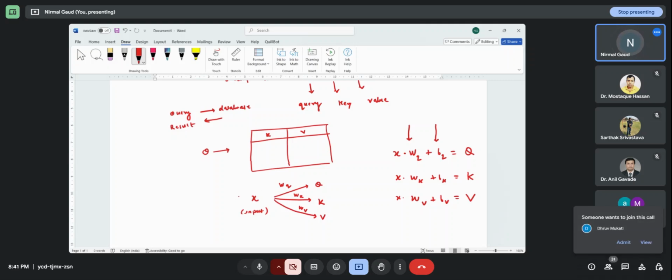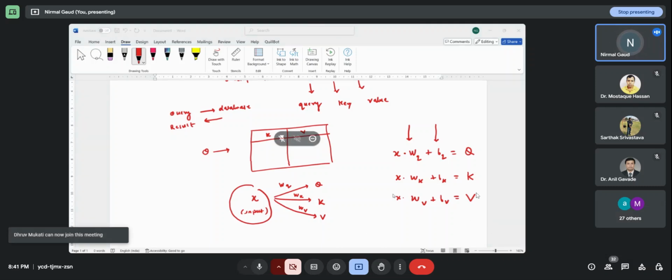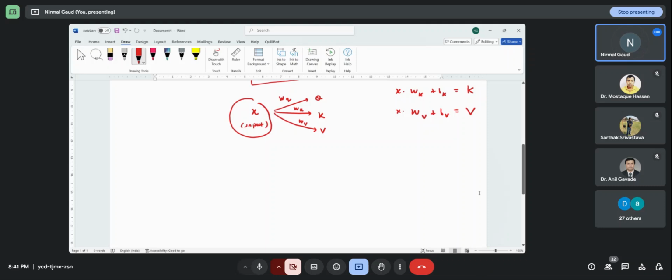So you have an input and you have to project this input in the form of Q, K, and V. Understand what I am trying to say. You have to project X in terms of Q, K, and V. I have X as an input.